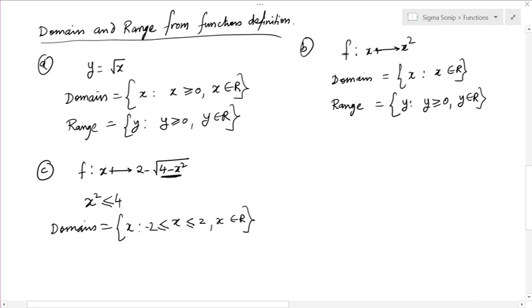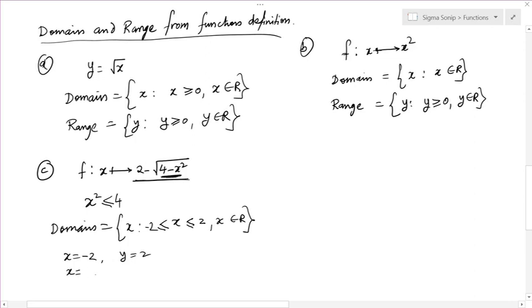Okay, once we got this, we need to now look at the range. So we need to find what values this expression can take. When x equals minus 2, then x square becomes 4, this thing becomes 0, and you get a value of 2. So when x equals minus 2, y equals 2.